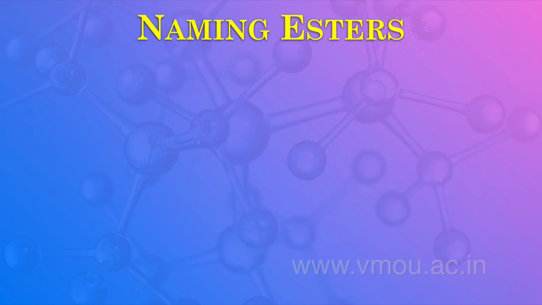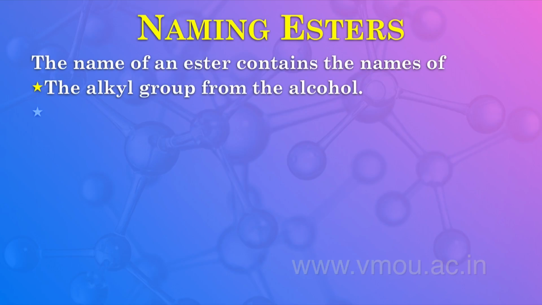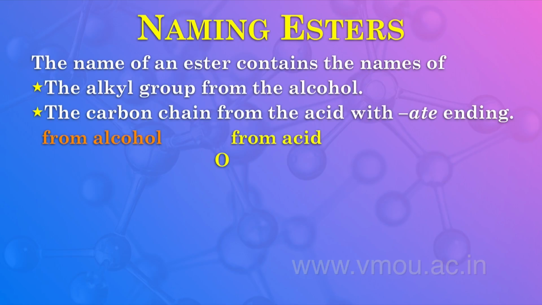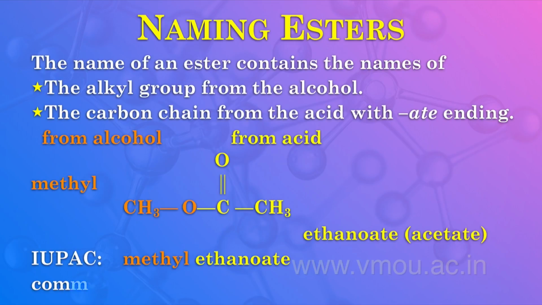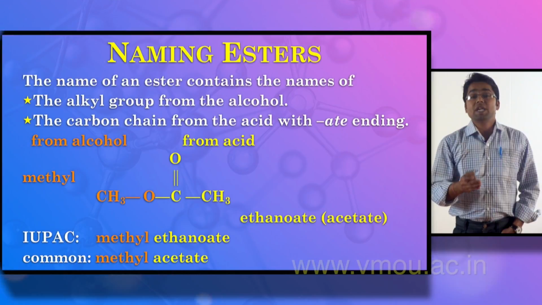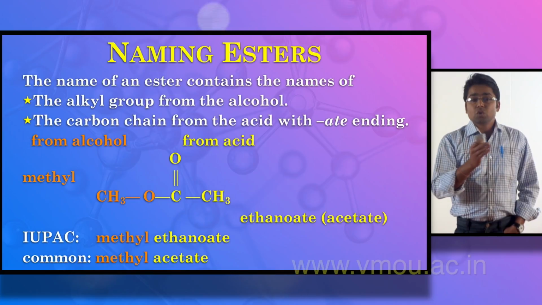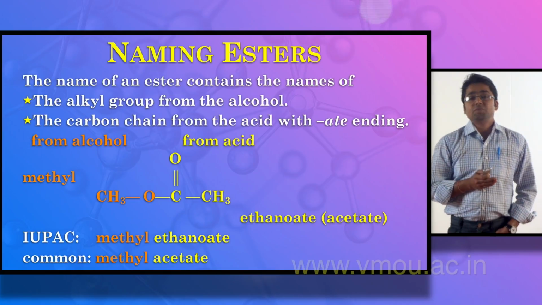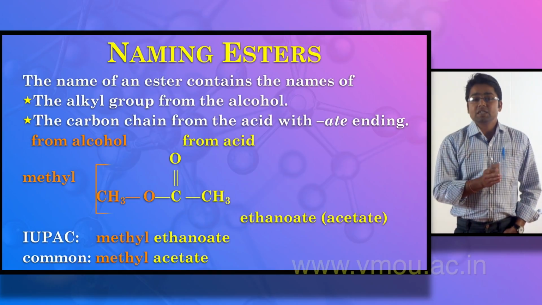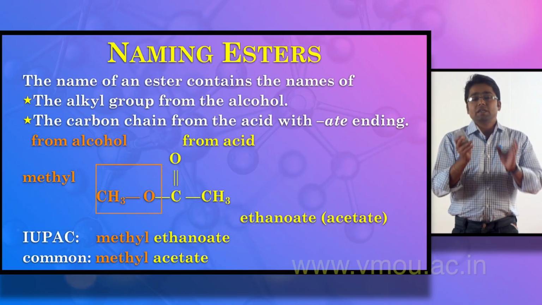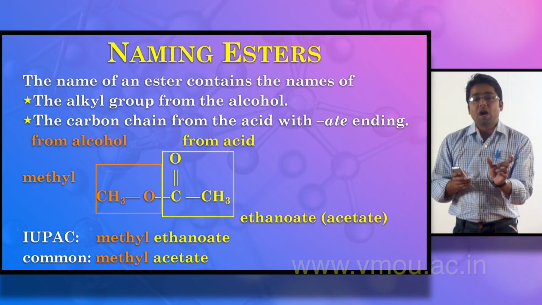The main thing in any organic compound is how it is named, what the nomenclature strategies are, what the IUPAC nomenclature strategies are for an organic compound. As I have mentioned previously, for naming an ester, we have to separate it into two parts.